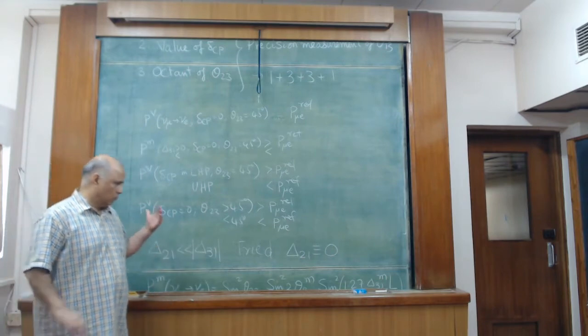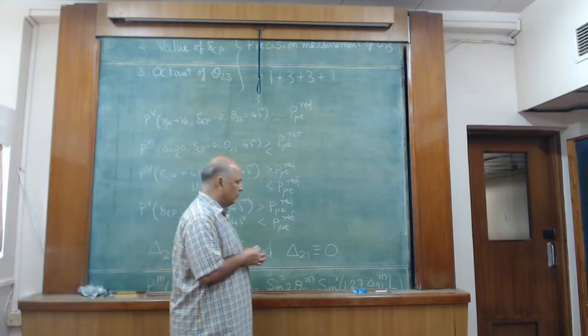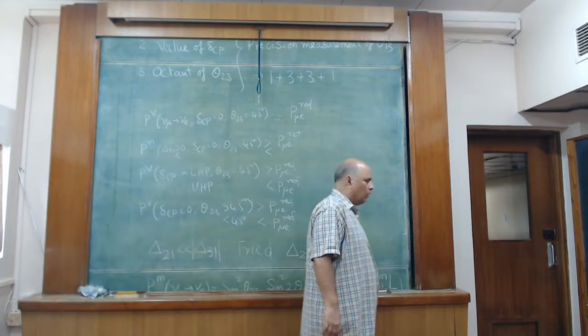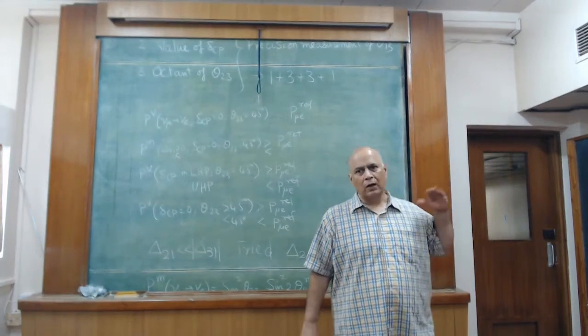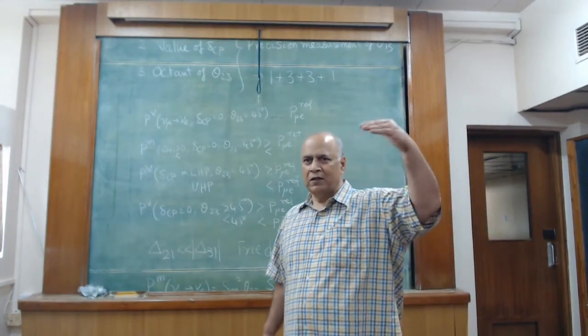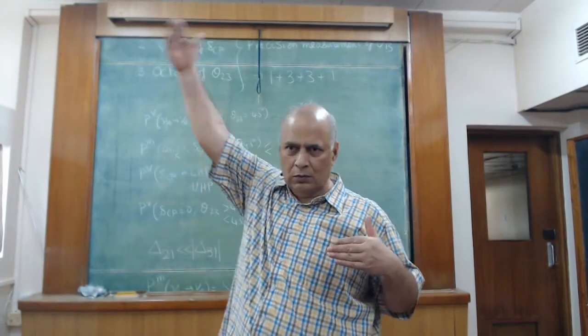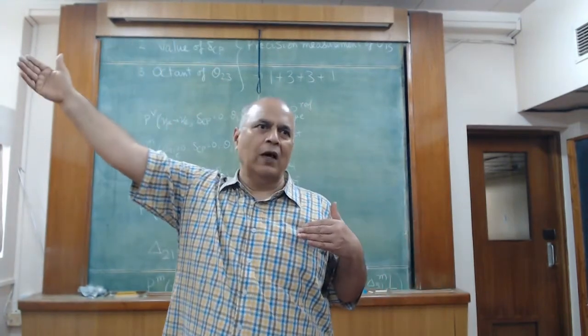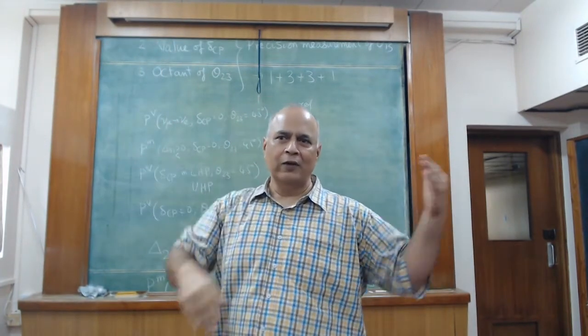So of these discretized values of the unknowns, one discrete value makes the P mu e larger, the other discrete value makes it smaller.